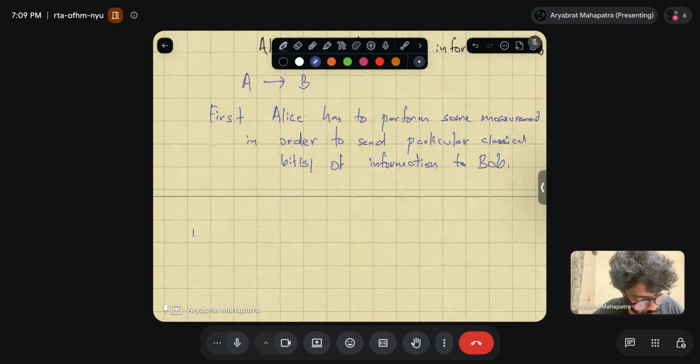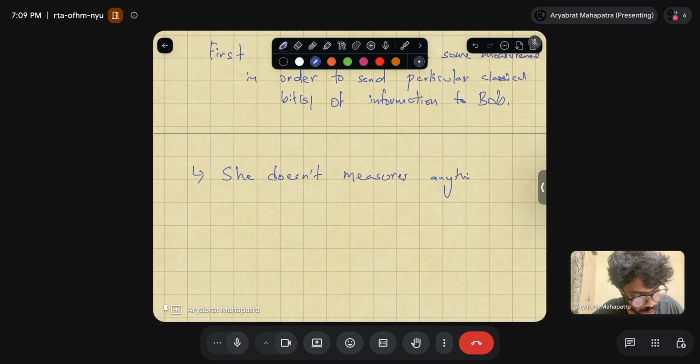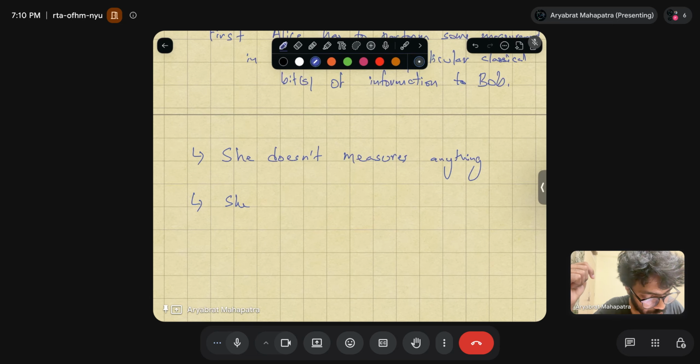If it can happen, she doesn't measure her entangled qubit, so she doesn't measure anything. Suppose she measures the spin along the x-axis, I mean the x spin component.